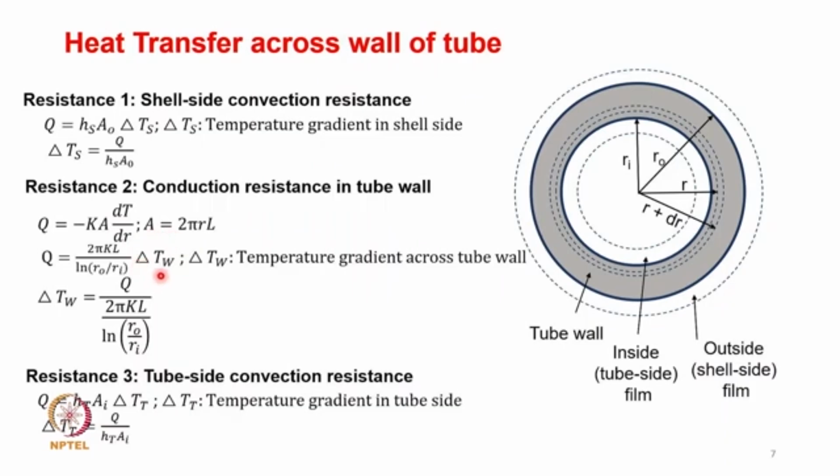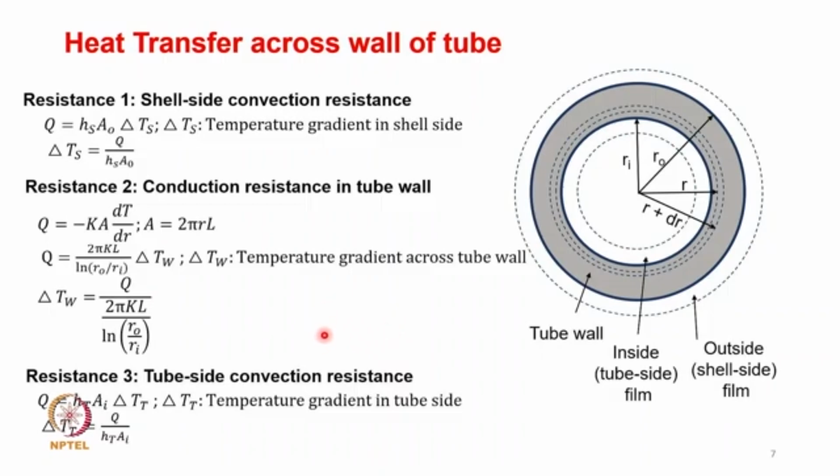So we use variable separation and do an integration between R naught and Ri, and let the temperature gradient be delta Tw. Then we see that Q can be computed as 2 pi KL divided by ln R naught by Ri, times delta Tw. And from this we will be able to isolate delta Tw as Q divided by 2 pi KL divided by ln R naught divided by Ri, a simple integration.